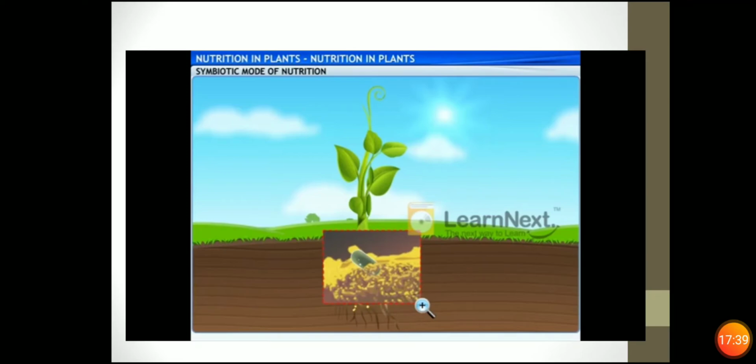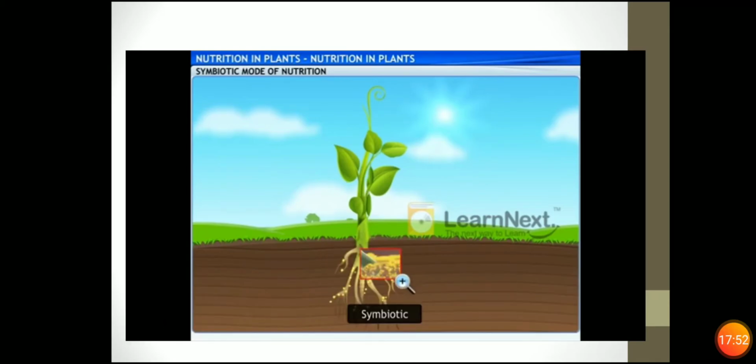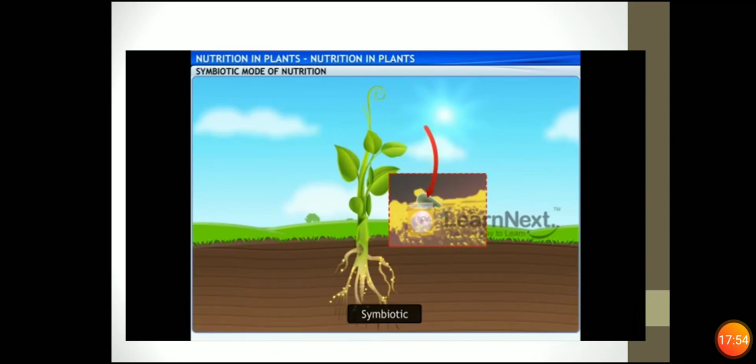So what does the plant provide them? The plant provides nutrition to the microorganisms for their growth. Such an arrangement is called a symbiotic relationship.